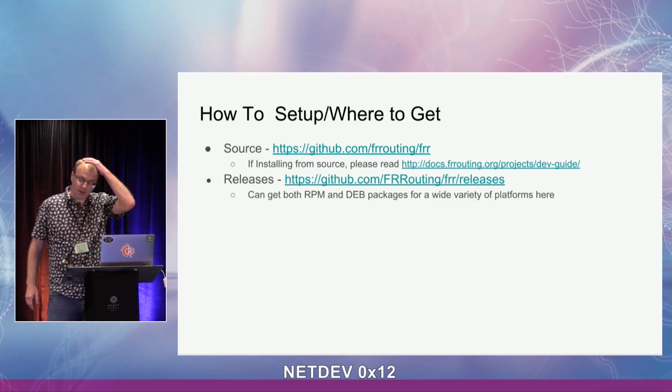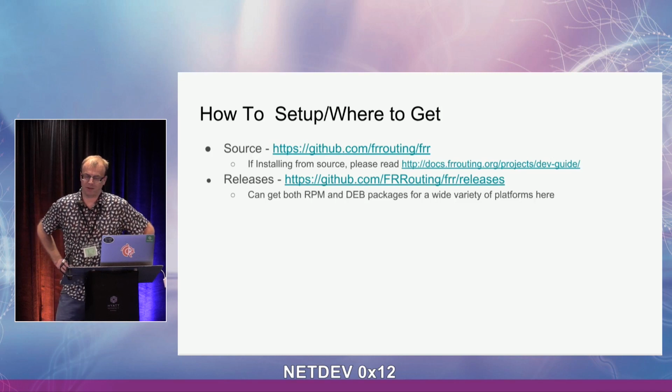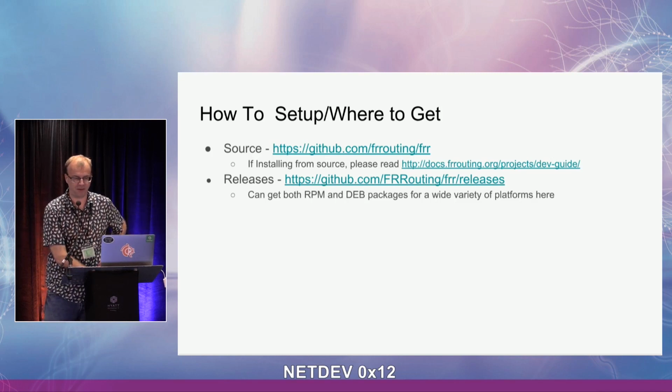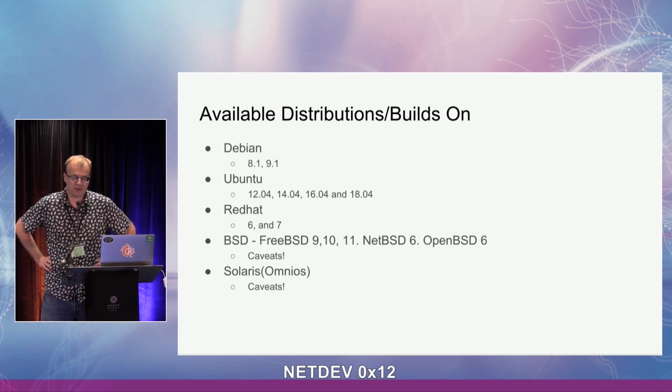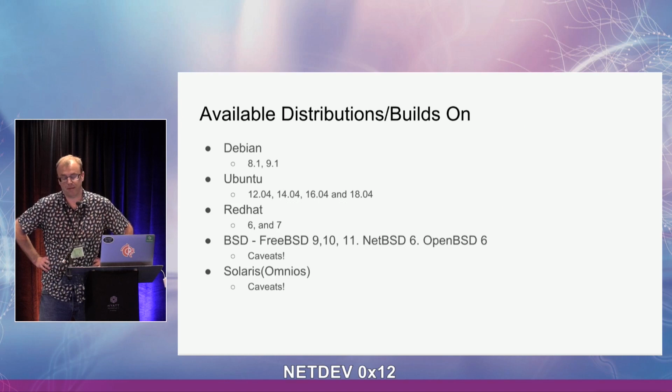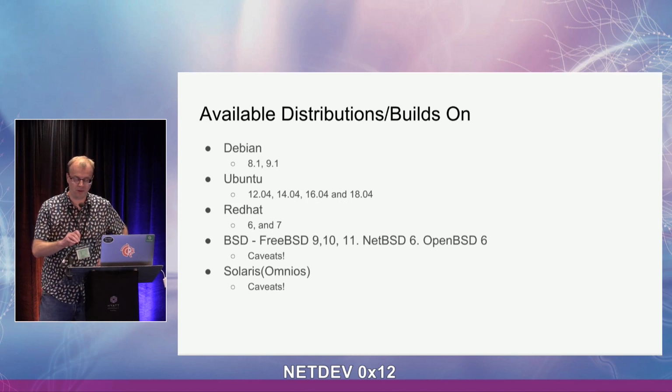We also have the ability for you to download RPM-based and Debian-based packages for a wide variety of platforms. Here are the packages that we actually provide, and the distributions and versions that you can download packaging for right now.